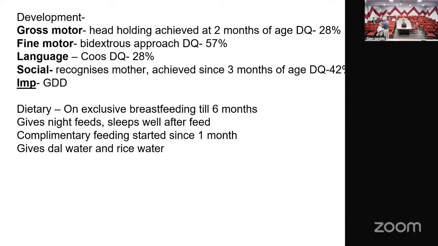Then only we know. Of course, 7 months is too early to say whether it's static or progressive. But the birth history was normal, right? So there was no apparent perinatal insult. Whether there is something antenatal, postnatal, there is nothing.